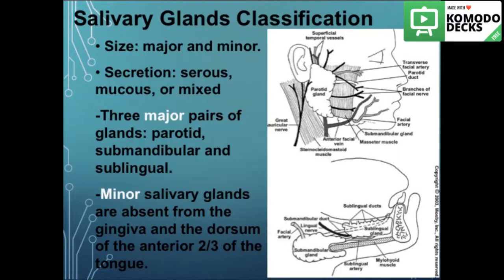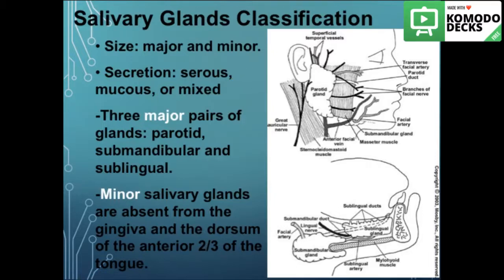The saliva-producing tissues of the oral mucosa are classified upon either the size, major or minor, or secretion, serous, mucus, or mixed. The major or bigger glands are the parotid.